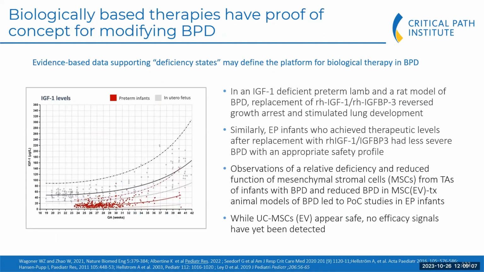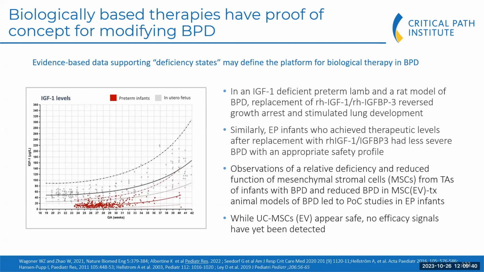And so natural substances and how they matter. Well, there are many biologically based therapies that are potentially applicable to the newborn period. But I'm going to show you here one which I think from natural history data has a very clear correlation. So these are IGF-1 levels in extremely premature infants born across those gestational ages. The red dots are IGF-1 levels in infants that are born at those gestational ages. And the gray dots are actually those levels that you find in utero for the corresponding gestational ages.